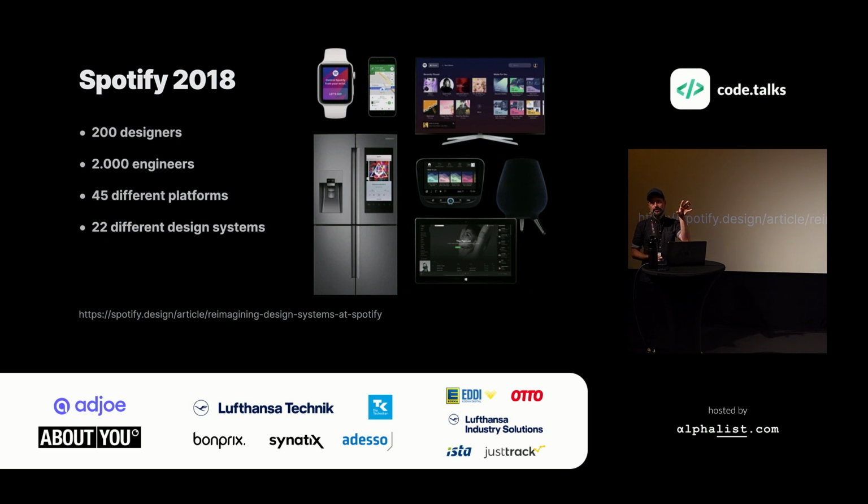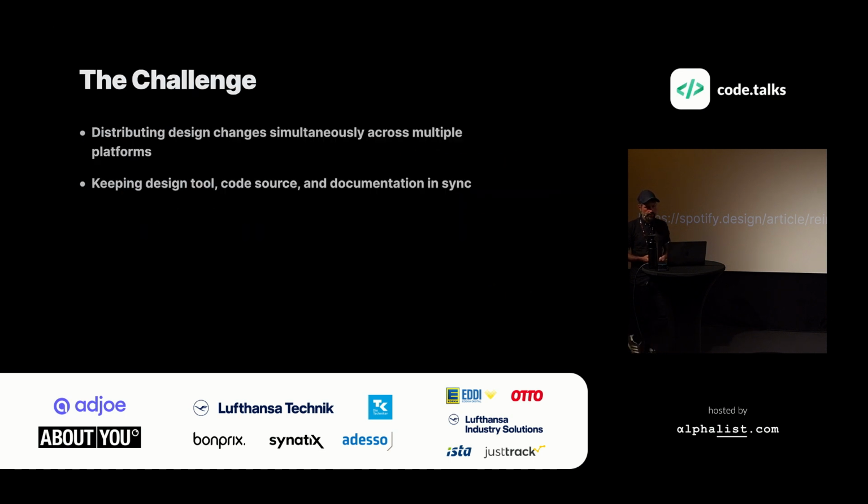And in 2018, they already had 200 designers, 2,000 engineers, 45 different platforms, including a smart fridge, and 22 different design systems. So doing this manually wasn't an option anymore. They had to find a new solution to tackle this problem, to make design changes and change them simultaneously across multiple platforms.